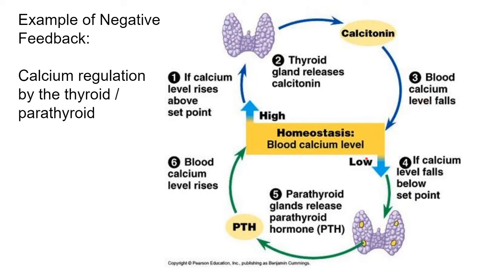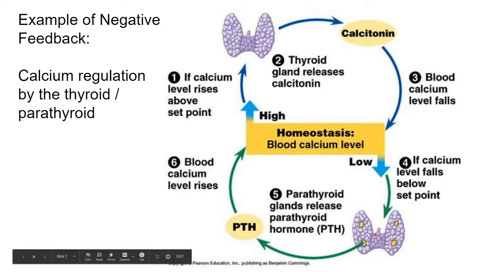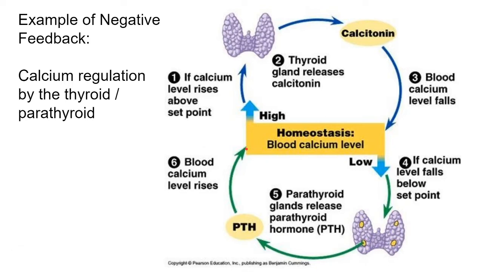And if your calcium falls below the set point, the parathyroid gland releases parathyroid hormone, and that causes your blood calcium level to rise. We talked about this when we talked about the skeletal system. If you have too much calcium, your body flushes it out typically with your urine. If you don't have enough, it can pull it from your bones.